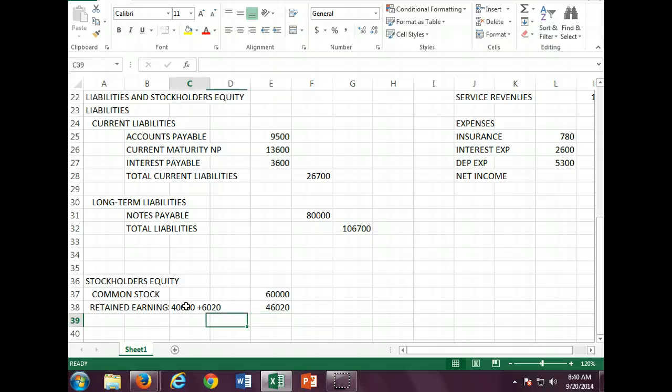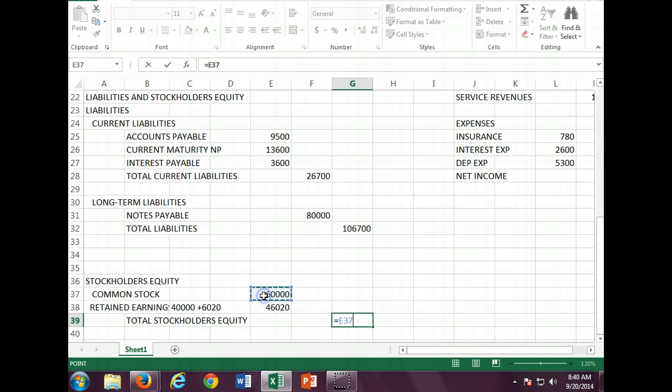So our total stockholders' equity is going to be 106,020.